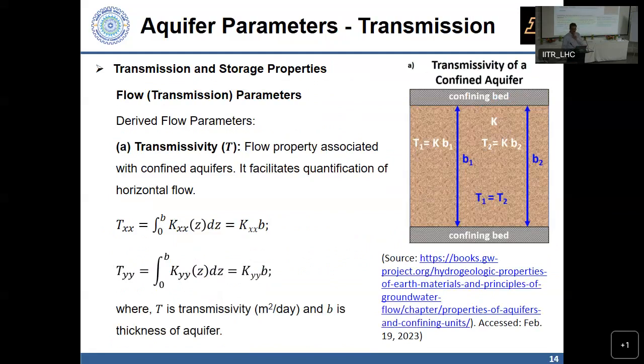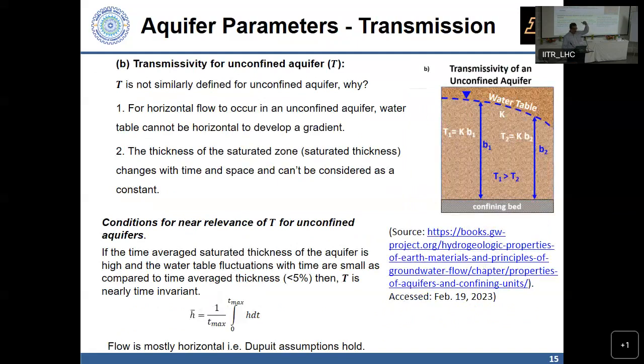In an unconfined aquifer, when we talk about flow throughout the thickness of the aquifer, the thickness that is actually going to be involved in conduction does depend on the piezometric head, H, the height of the water table. And so that brings in this complication that the description of transmissivity would depend on the height of the piezometric head, whereas for a confined aquifer, that was not the case.